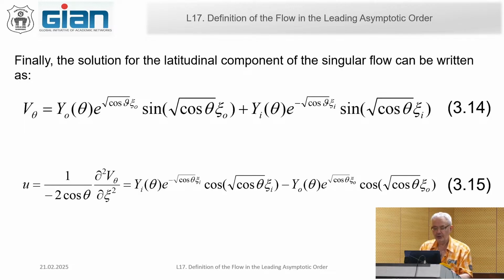And here we have another part, which we will be calculating, under the condition that its geostrophic part is completely absent, and that the corresponding boundary conditions are satisfied here.